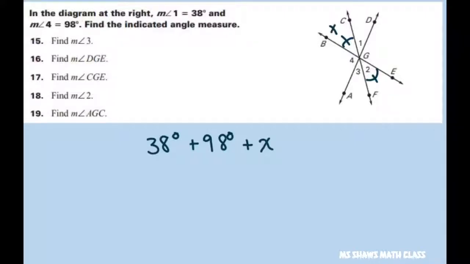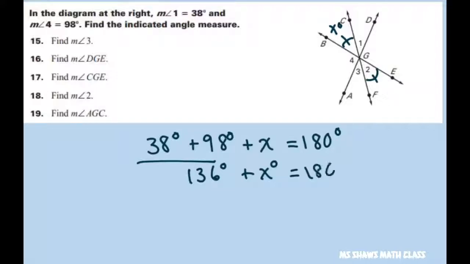So we'll just call this x degrees equals 180. So all we have to do is add this up, and we have 38 plus 98 gives us 136. Subtract 136 from both sides, and you get x degrees is 44 degrees.